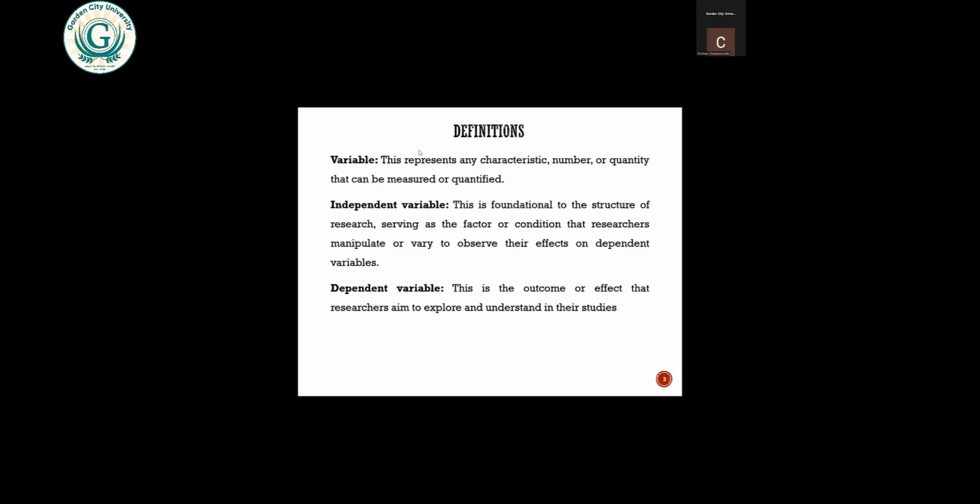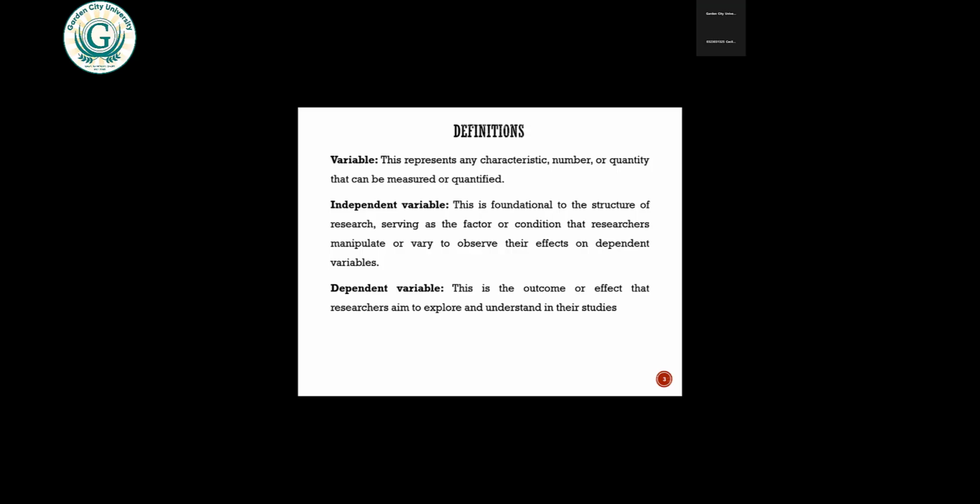The first is variable. You'll be hearing me using the word variable. But what does that mean? A variable is any characteristic, any number, or any quantity that can be measured or quantified.